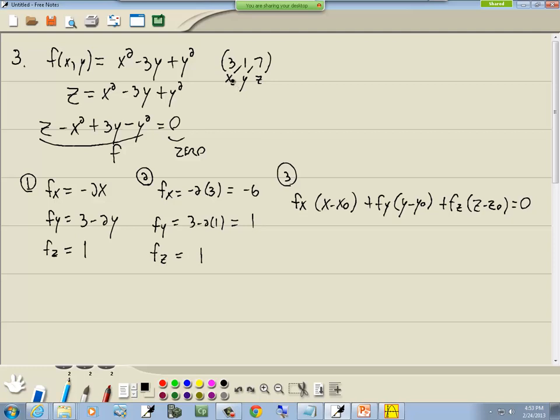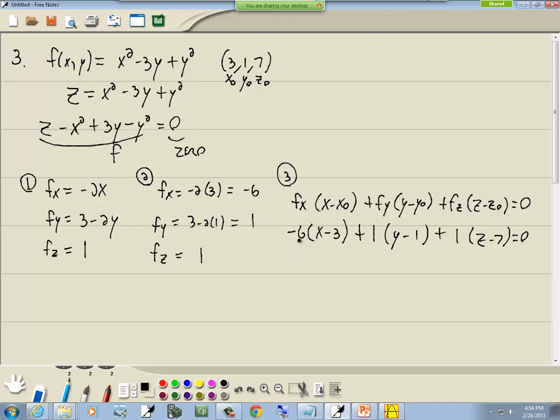So this is our x naught, y naught, and z naught. And the partial with respect to x after we plugged in our point was negative 6. So I have negative 6 there, and then x minus 3. That 3 comes from the x naught up here. Plus the partial with respect to y, which is 1, times y minus 1. Plus 1 here, and then z minus 7 equal to 0.